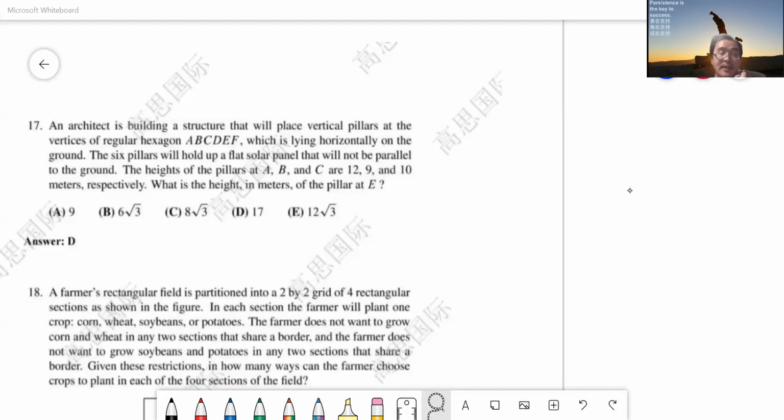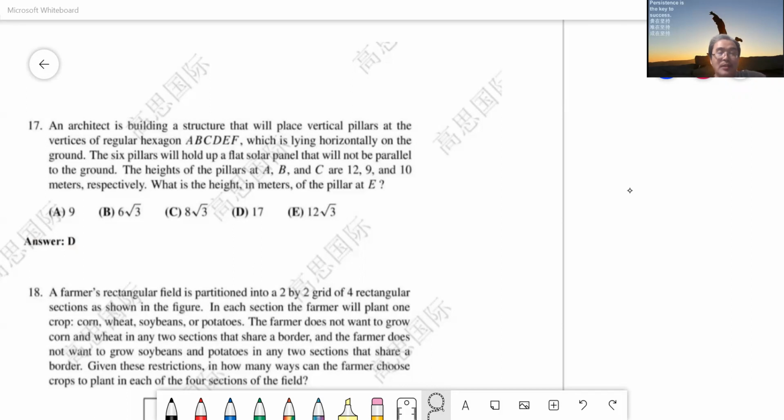Okay, question number 17. An architect is building a structure that will place vertical pillars at the vertices of a regular hexagon A, B, C, D, E, F, which is lying horizontally on the ground.